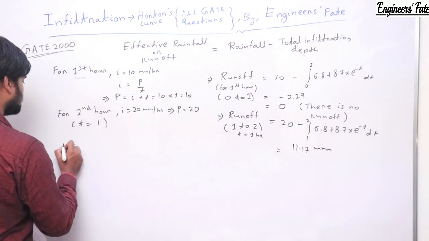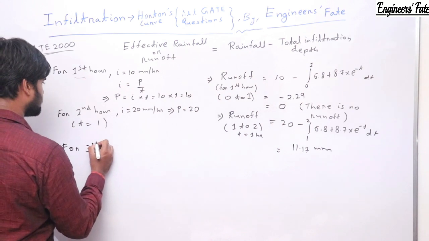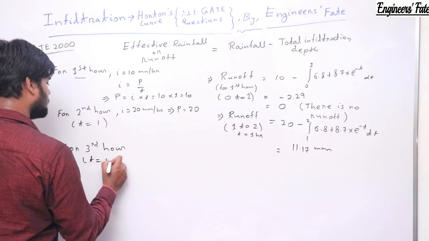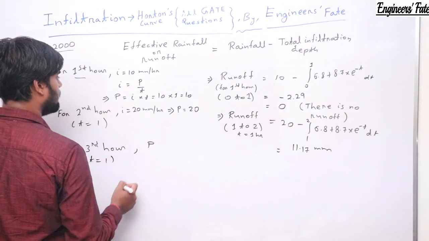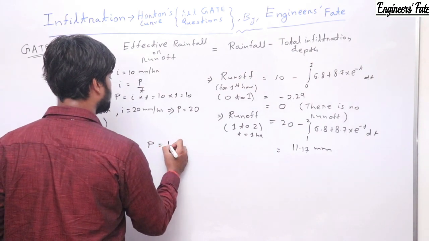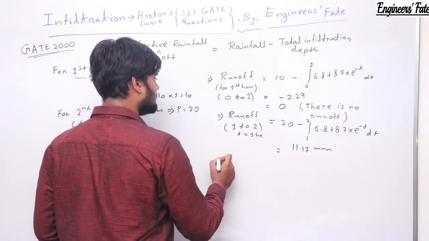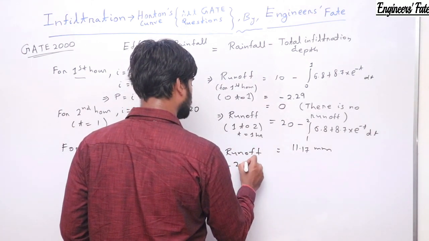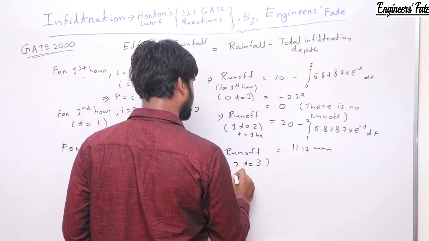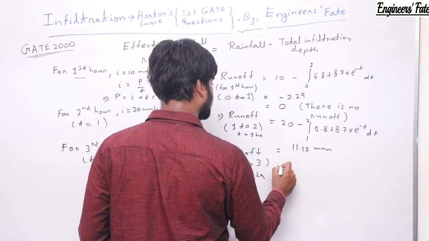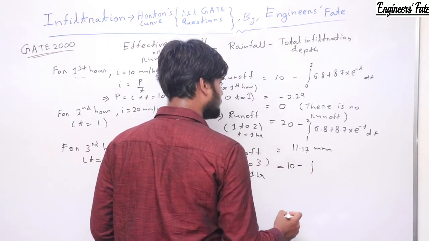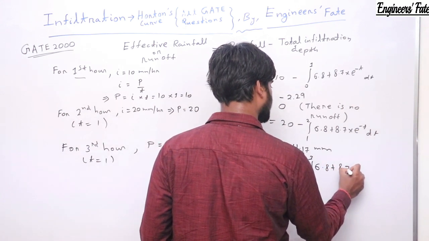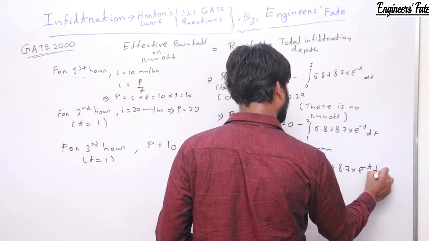Similarly, for third hour, T equal to 1 and the intensity value is given as 10 mm per hour and my precipitation will be 10, and similarly runoff I can find from 2 to 3, T equal to 1 hour, that is 10 minus integral from 2 to 3 of 6.8 plus 8.7 into e to the power minus t dt.